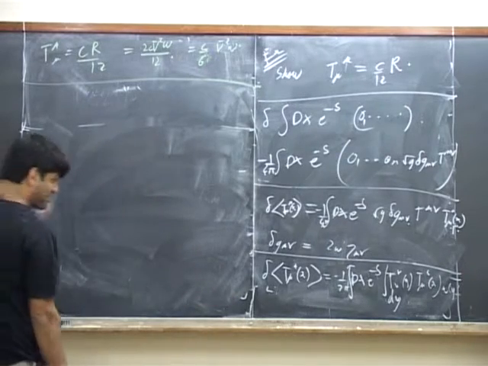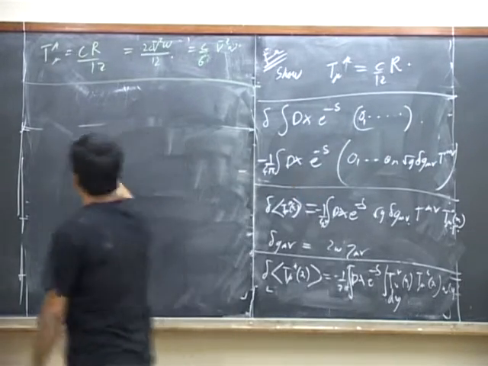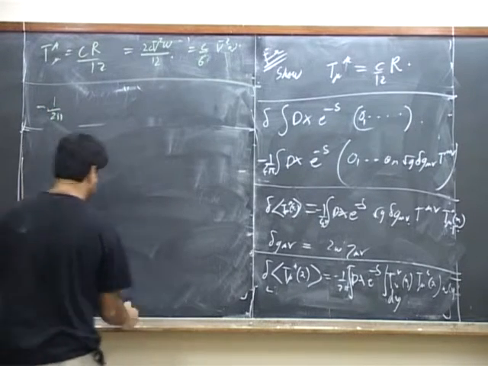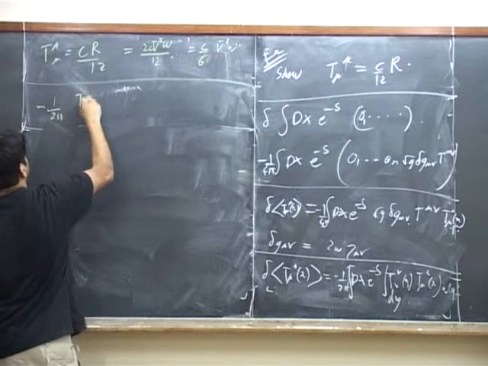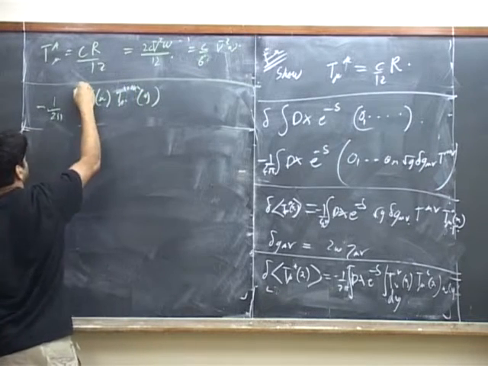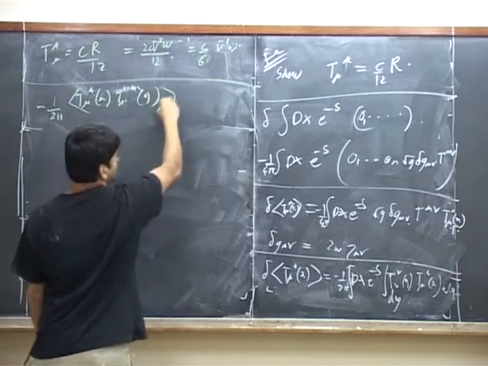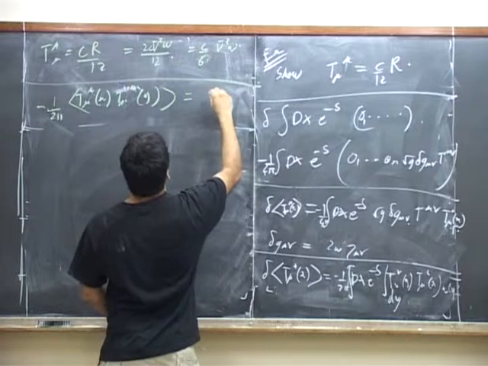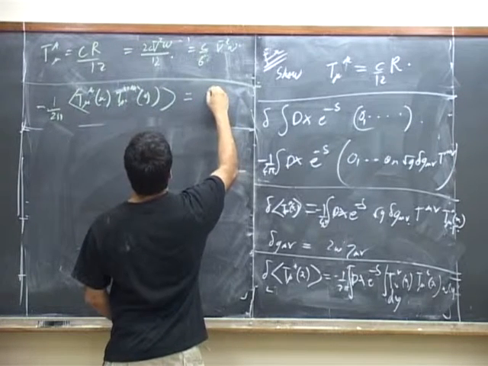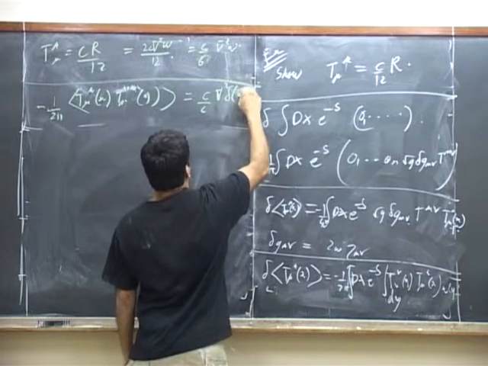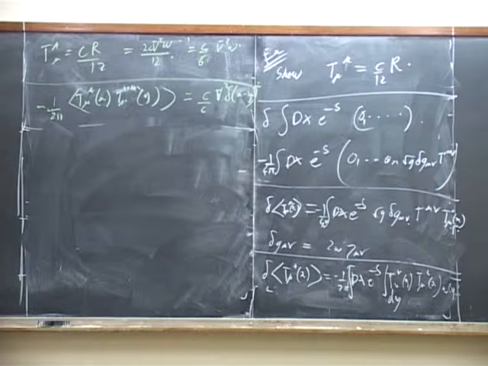Is the same as the demonstration that minus 1 by 2 pi T mu mu of x T mu mu of y is equal to c by 6 L squared of delta y. This is the thing we have to do.